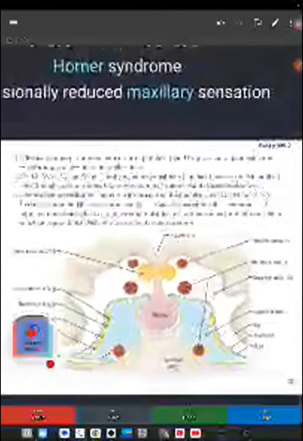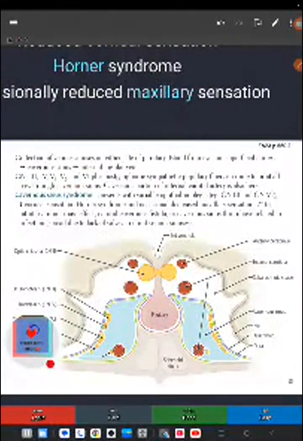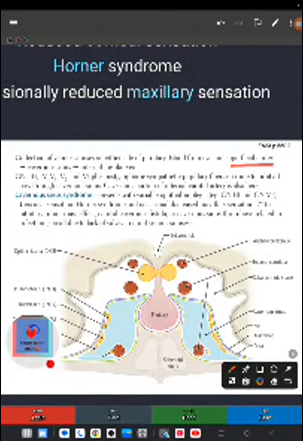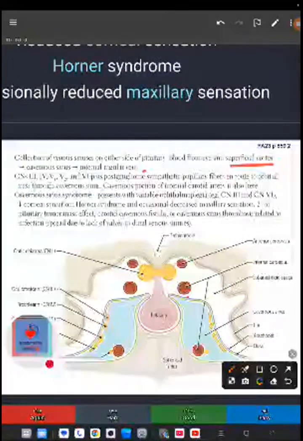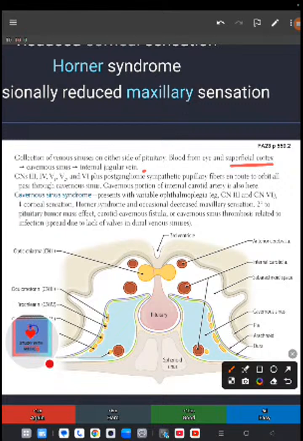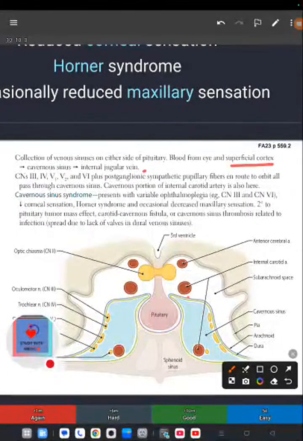It's a collection of venous sinuses on either side of the pituitary. So blood from the eye and superficial cortex goes to the cavernous sinus, then to the internal jugular vein. Cranial nerves 3, 4, 5-1, 5-2 and 6, plus postganglionic sympathetic pupillary fibers en route to the orbit, all pass through the cavernous sinus.